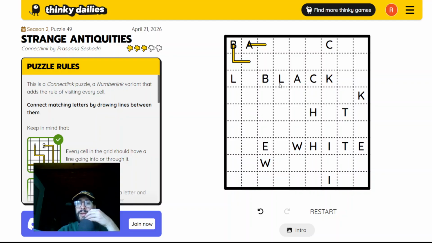with the other L. Okay, so this L cannot do like this, because otherwise this tile will never be visited. So then you will have to come out like this. Then that means that the B will connect like this, and finally we connect the L. When it comes to the A, we will have to do something like this, I believe.